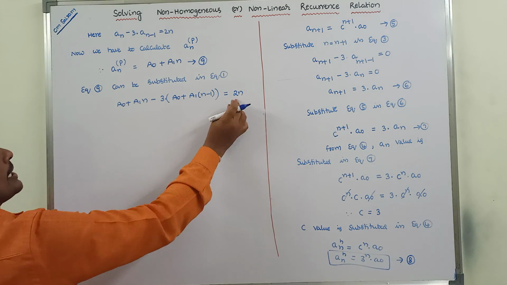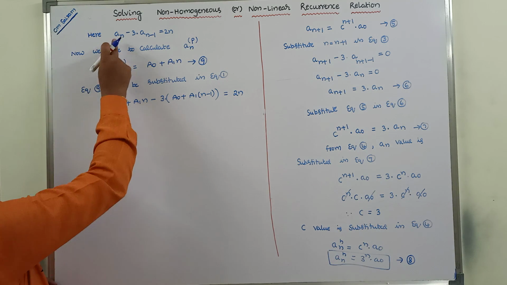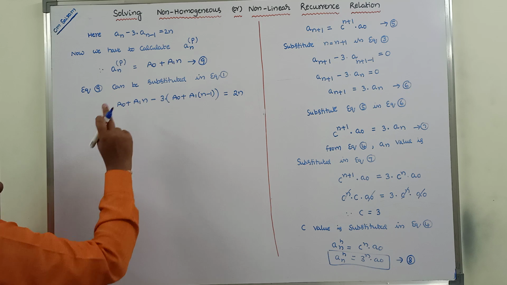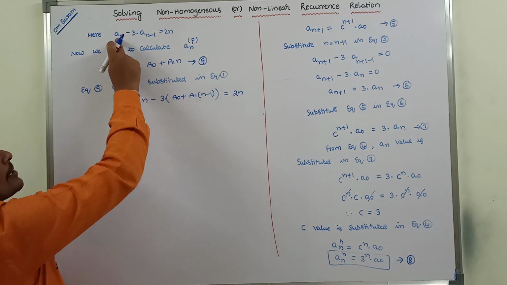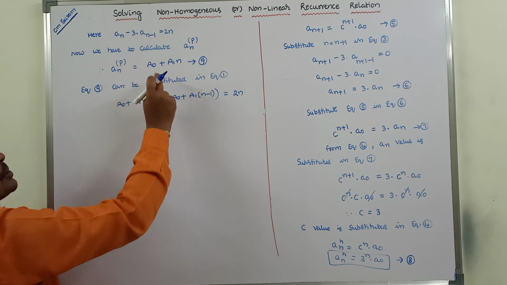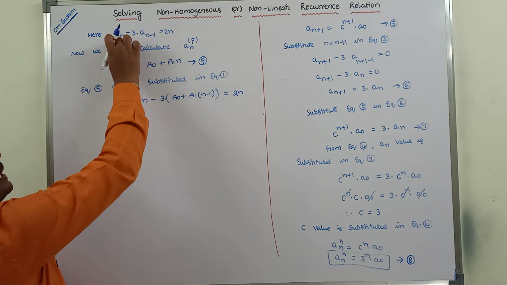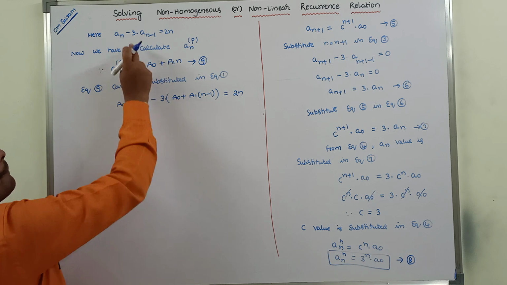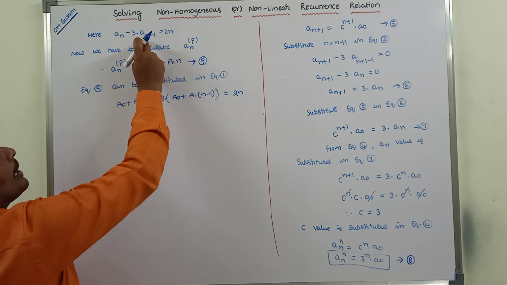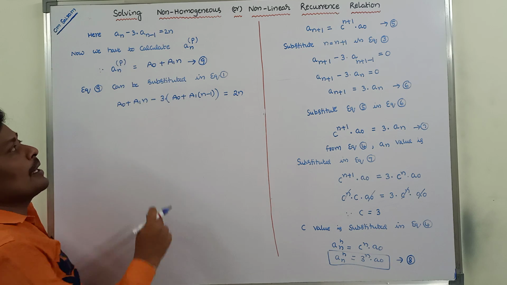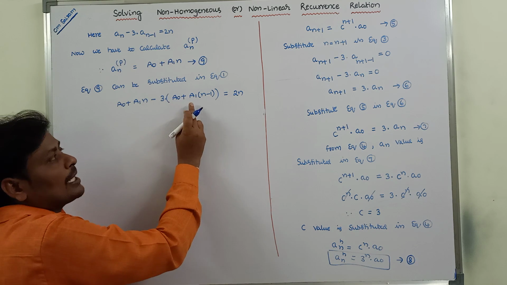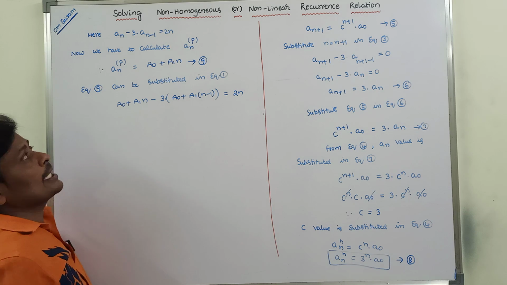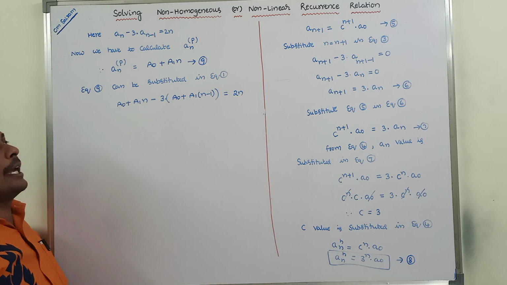Okay, there is no change at all. Only a suffix n value is substituted. In the place of a suffix n, we are substituting this value. So a suffix n can be written as a naught plus a1 into n minus 3 into, in the place of a suffix n minus 1, we have to write a naught plus a1 into n minus 1 is equal to 2n.